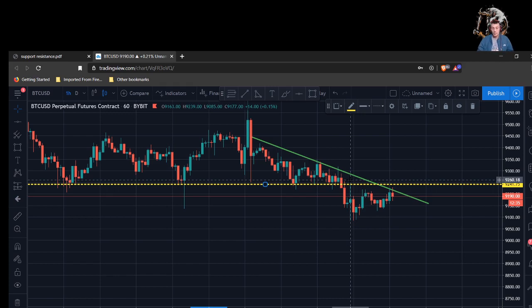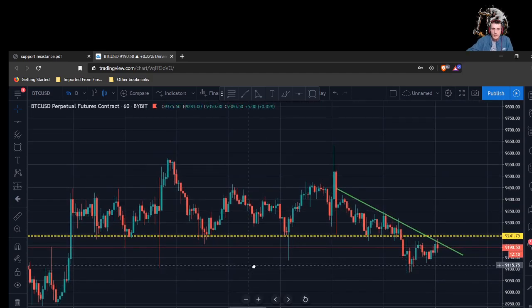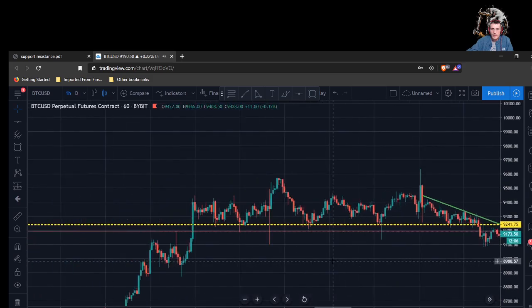Ascending triangle is bullish. Now if it's a descending triangle pointing to the downside, it will break down, just like it says. Descending triangles are bearish. But as you can see, the triangle gets right to the end of our price action, and then boom, we break down. Let's see if we can find another.